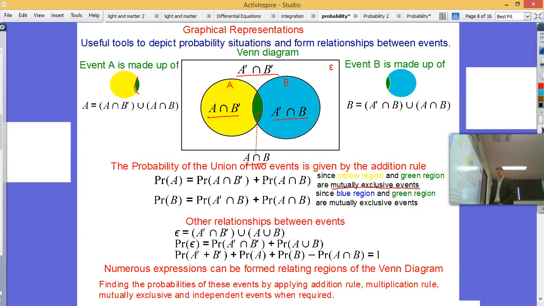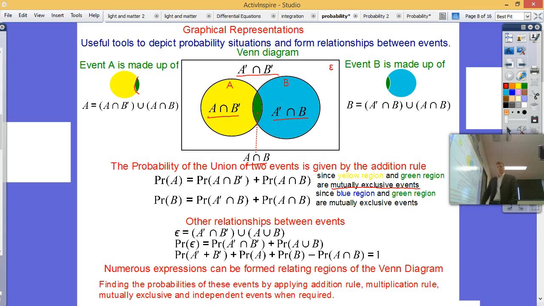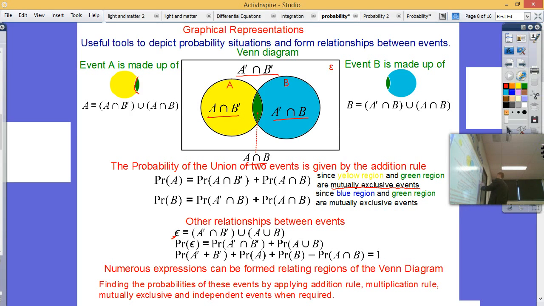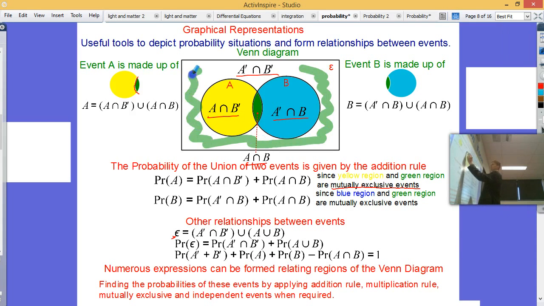Now some other relationships we can come up with is, well, let's say something for the sample space, everything all together. Well, it's like having the outside region, that's all this stuff, and then we union that together, we join it together with the two circles, A and B, joined together.